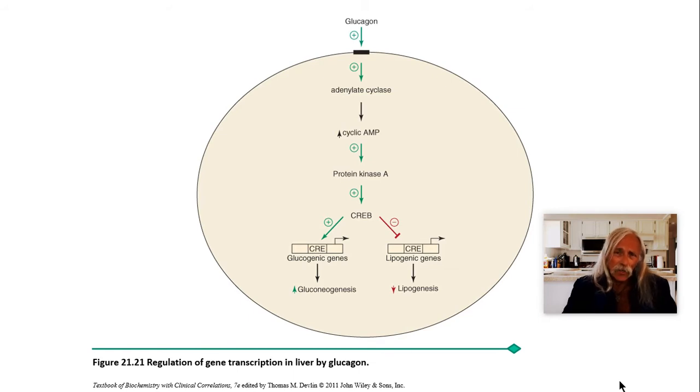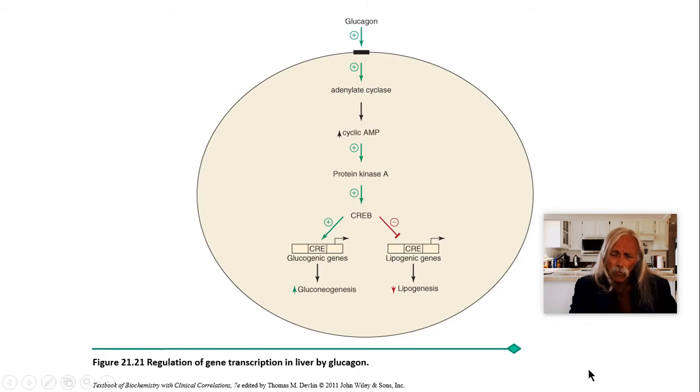So this is yet another hormonal rheostat. If glucagon is tuned up, you need more glucose. You don't need to make more lipid. It's a waste of energy. And so gluconeogenesis is turned on. Remember, fatty acid oxidation is also going to be turned on in the glucagon mode of action. And because of that, you're going to get sufficient amounts of NADH and FADH2 to drive ATP synthesis in the mitochondria, and you need ATP to synthesize glucose from non-carbohydrate precursors.